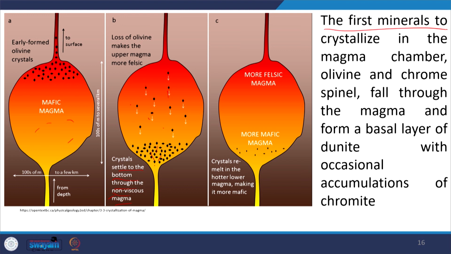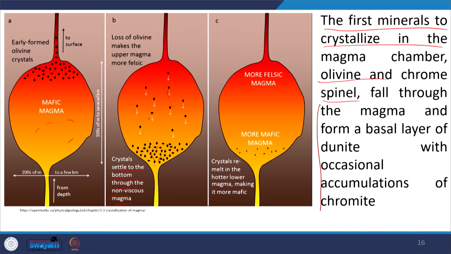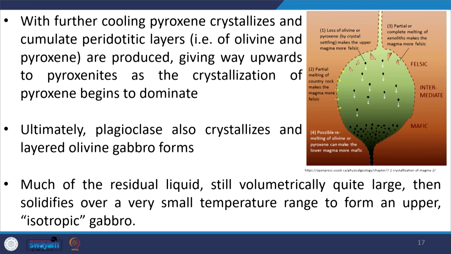So, the first mineral to crystallize in the magma chamber is olivine, and chrome spinel falls through this magma and forms the basal layer of dunite and peridotite, occasionally with chrome spinel. So, this is the initial stage where we are creating the layered gabbros. With further cooling, pyroxene crystallizes and cumulates of a peridotitic layer are produced, giving way upward to pyroxenite as the crystallization of pyroxene begins to dominate.